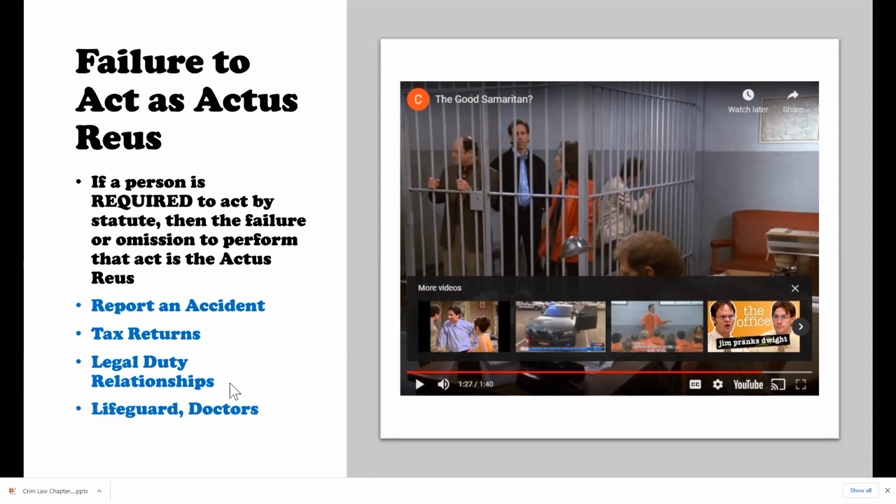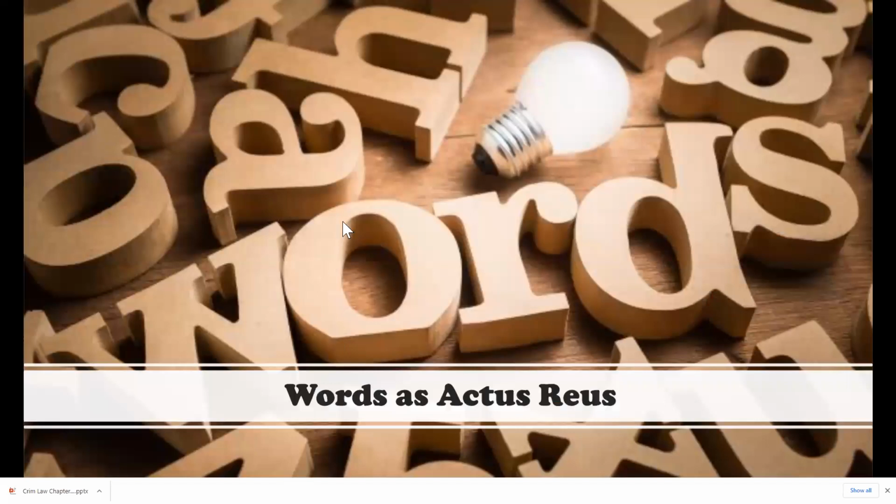So if you're at the beach swimming or you're at a public pool and there's a lifeguard on duty and you are drowning and that lifeguard does not take action, that lifeguard has a legal duty to act. And his or her failure to act would be the actus reus. Same thing with doctors. So if there's a legal duty relationship that requires a person to act, then that could be the actus reus.